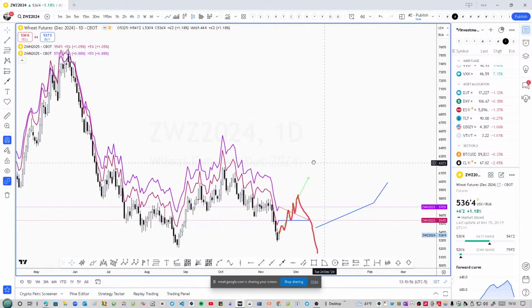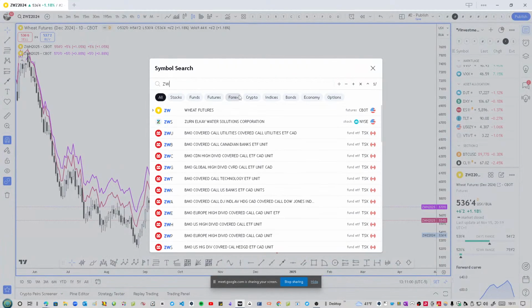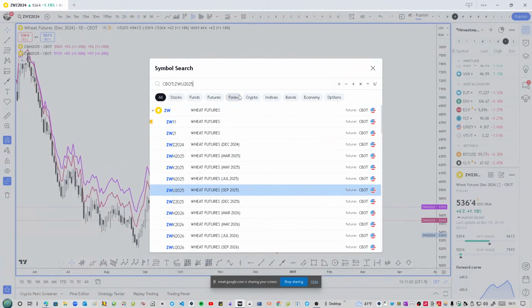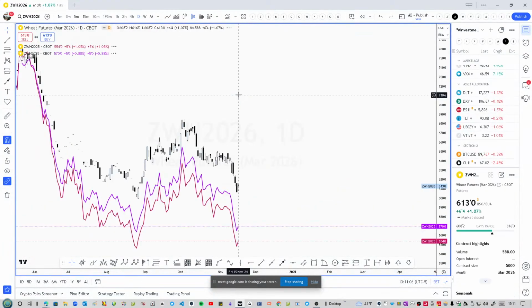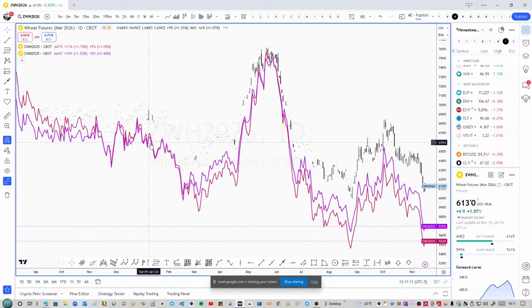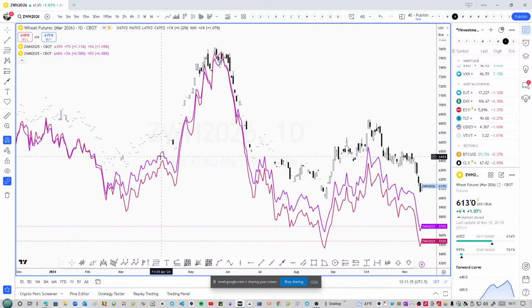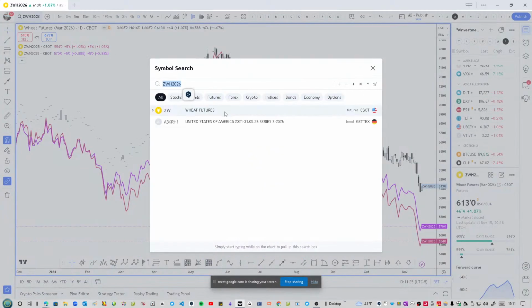I mean, you will see this is now a line chart, but let me quickly go into the chart for wheat, let's say March 2026. So now you see that every day the price is also trading here. But is this liquid? No. You don't have so many people who are trading the wheat price for 2026.